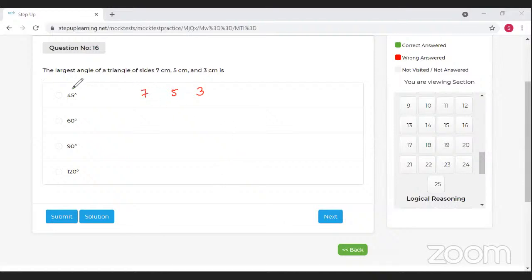Okay. All right. So the largest angle of a triangle, this is nothing but an obtuse triangle. Yes, Anupa. And the property for an obtuse angle is a square plus b square should be less than c square.